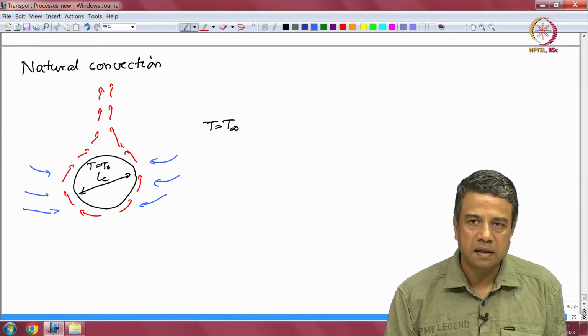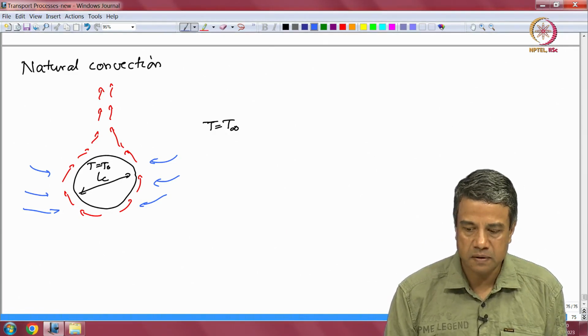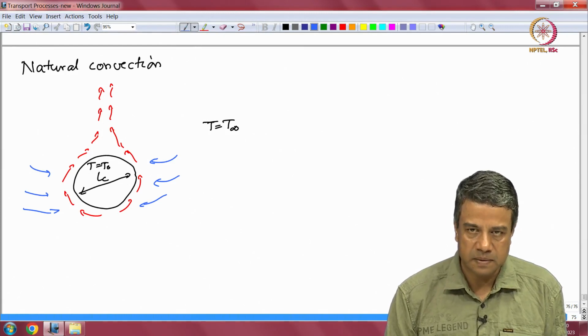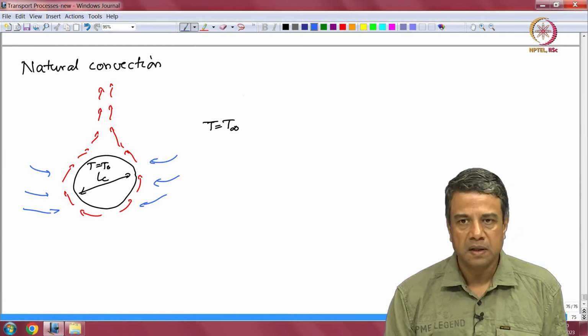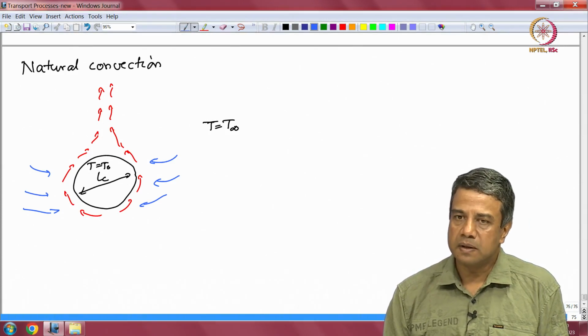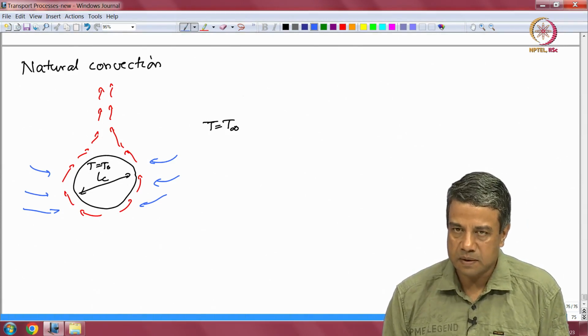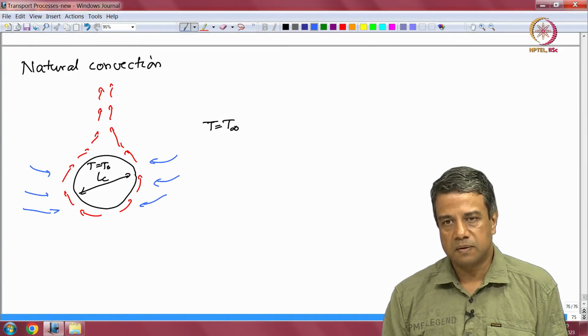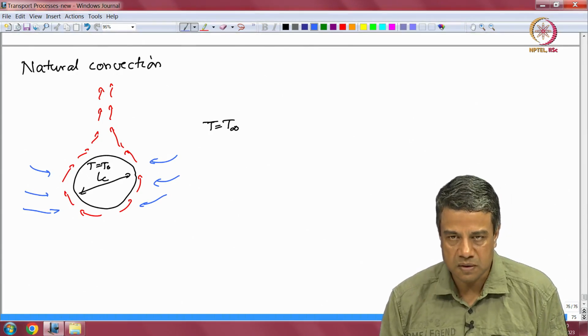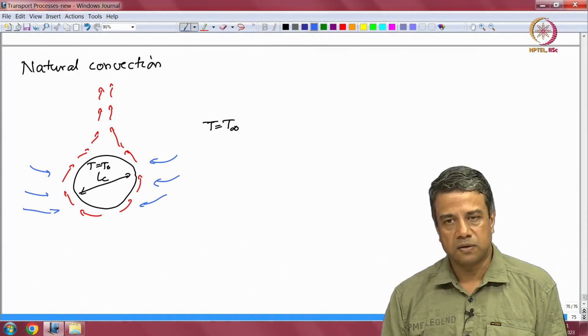The driving force for this convection is the buoyancy force due to the temperature difference between the hot object and the ambient fluid. That is why it is called natural convection, as compared to the previous examples that we had studied, which were all what are called forced convection. That is, you are forcing the flow by some external agent to sweep past the object or through the pipe.